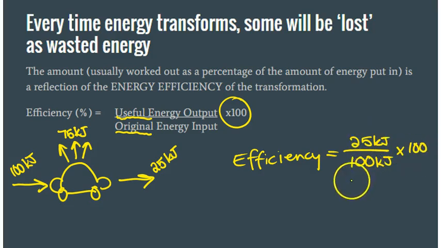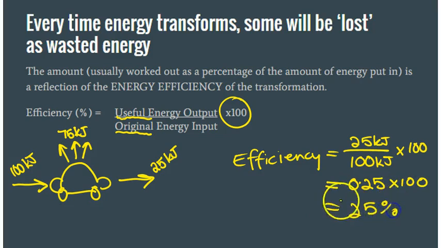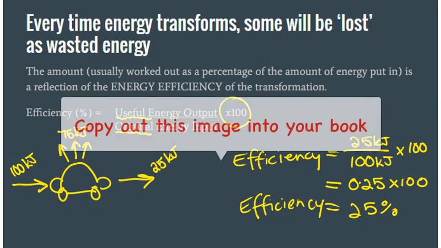So 25 divided by 100 is 0.25, times 100, which equals 25% efficiency. So realistically, I'm losing an awful lot of energy when I run a car. That's how you calculate energy efficiency.